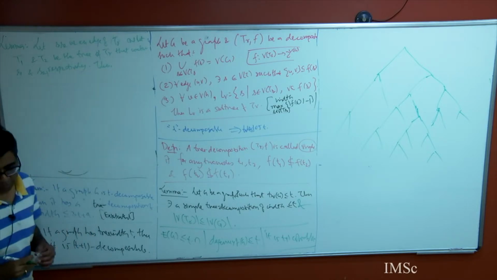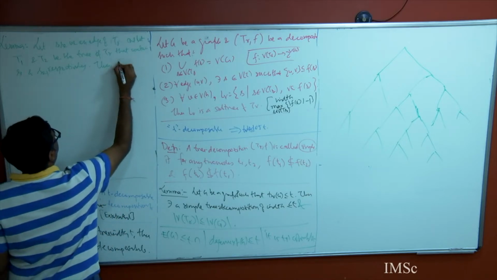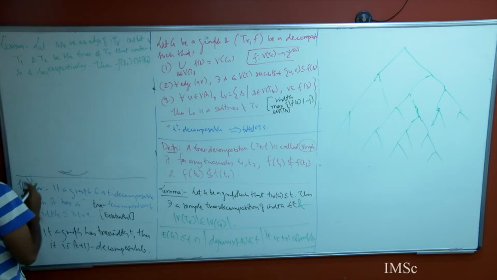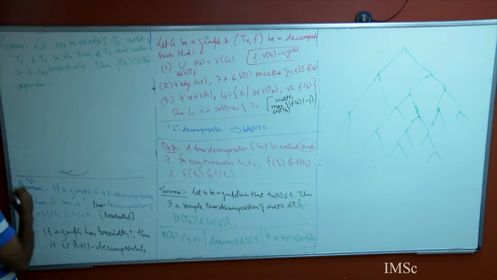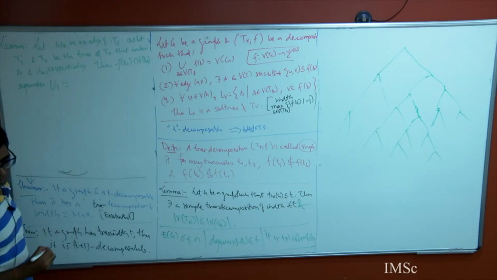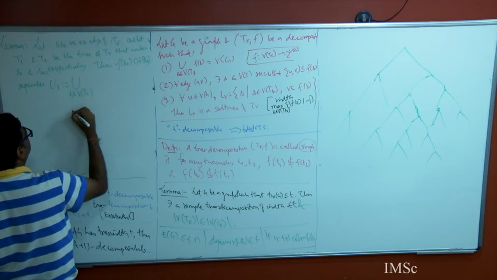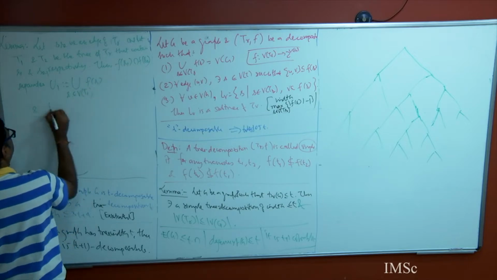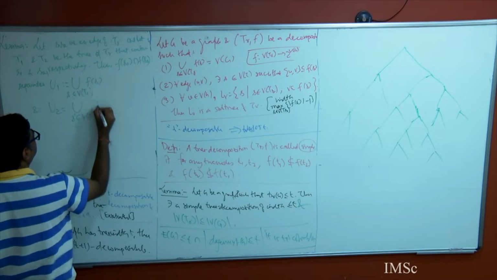Then what is the condition? Then f of S1 intersection f of S2 separates U1, which is the union over S in V(T1) of f of S, and U2, equal to the union over S prime in V(T2) of f of S prime.